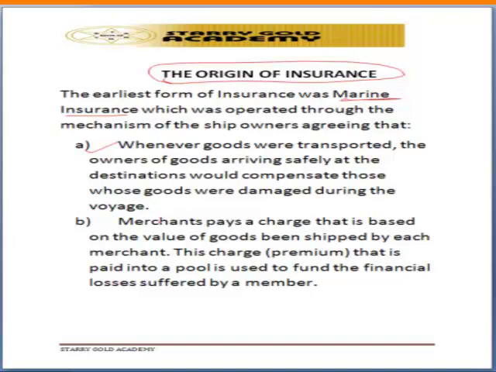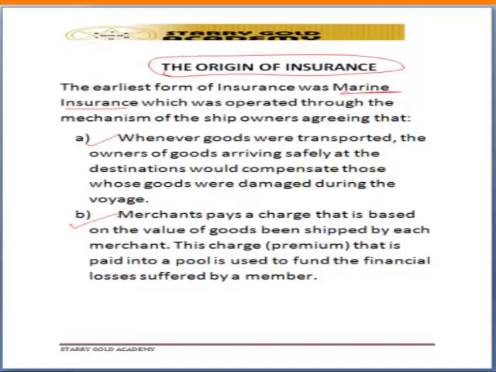The merchants that didn't suffer a loss will compensate whoever is a member that suffers a loss. Marine insurance operated then as merchants paid a charge that is based on the value of goods when shipped by each merchant.